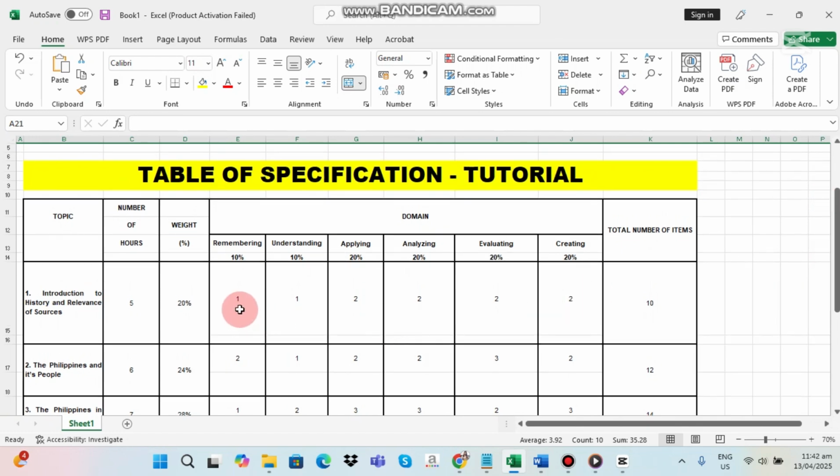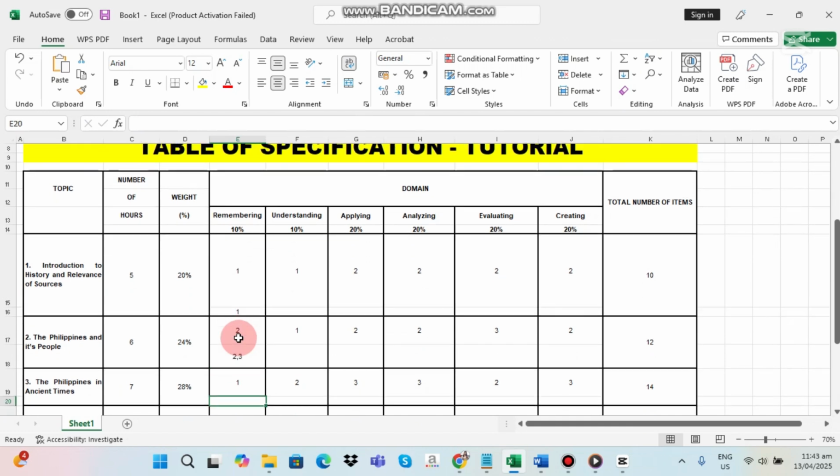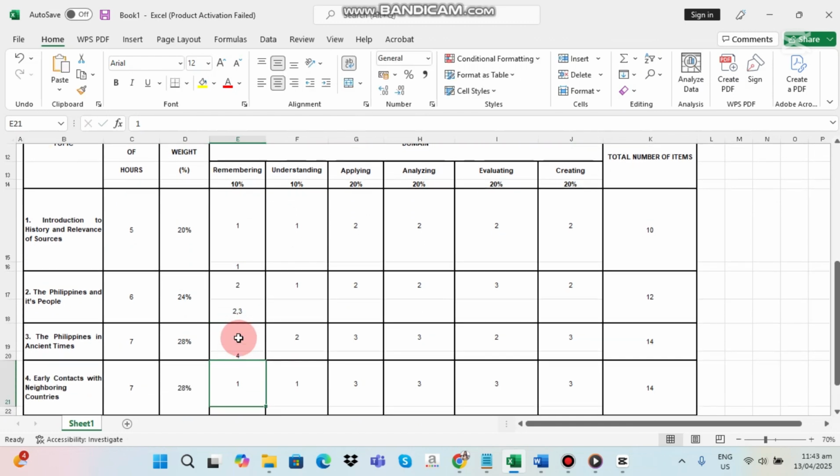So what's the purpose of this number? Of course, this is the item number in the domain. Since we have 1, this is item number 1. And since we have here 2, this is 2 items: 2 and 3. And then here we have 1, so it's 4 only. And then 1 item, so it's 5.